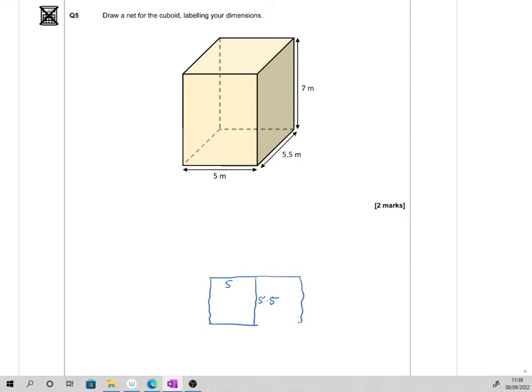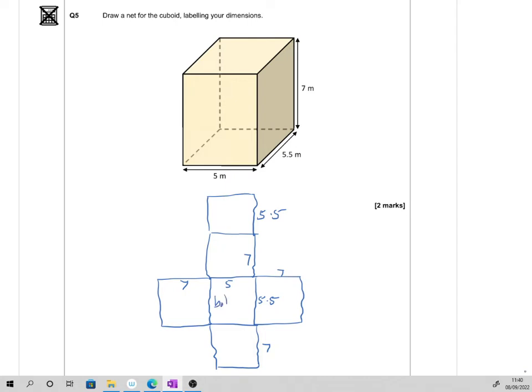So I'm going to do that 7, and then another one on that side, 7, and then I want the front, which is 5 by 7. So that's going to be 7, and the same with that one down there, can be 7, and then the top is 5 by 5.5 again. So 5 by 5.5. Yep.